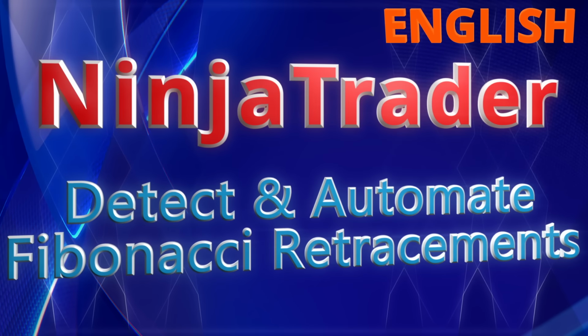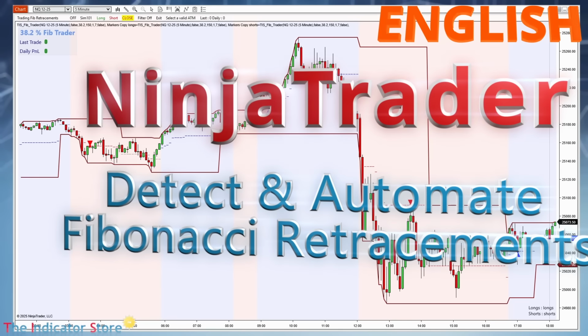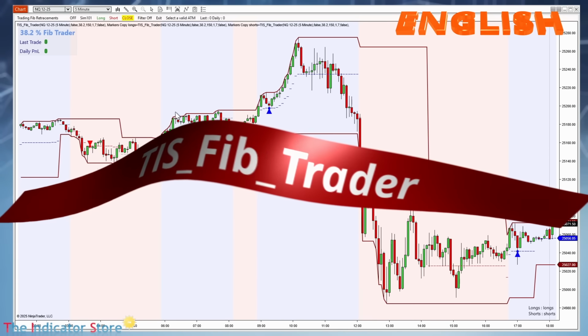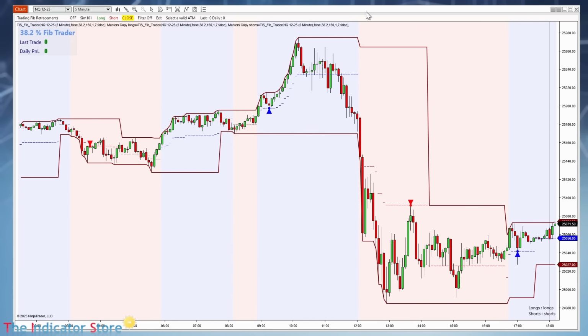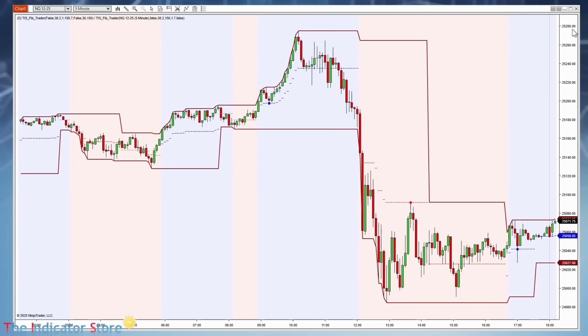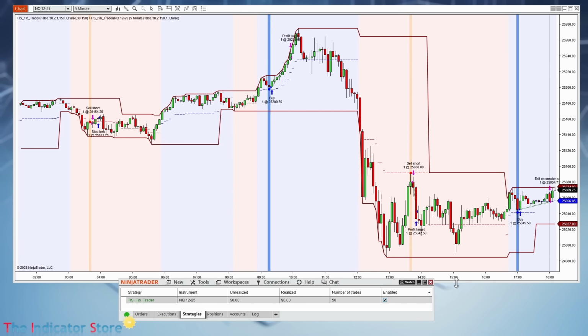Let me show you how it works, because this indicator is a fib trader. The indicator is compatible with markers, as we can see here. The template is included. It also includes a strategy that we can use to automate the setup using standard orders.